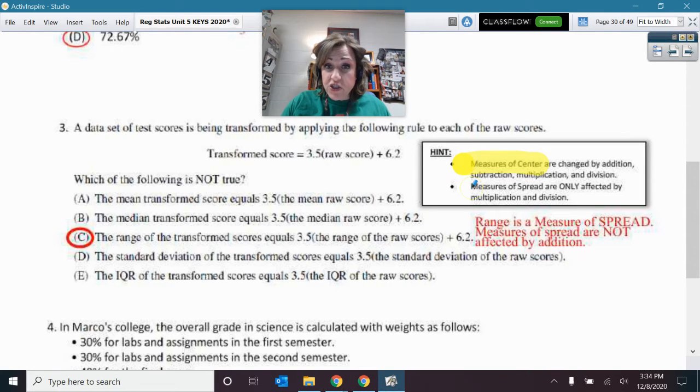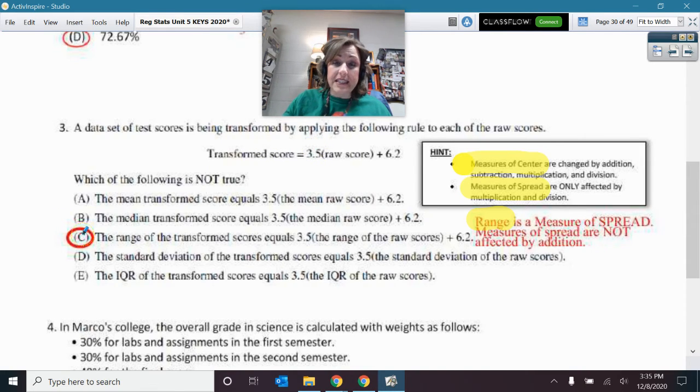But the measures of spread, now what are measures of spread? The measures of spread are range. We hadn't really talked about that, but that is, of course, a measure of spread. The IQR, the middle 50%, and then the standard deviation, average distance from the mean. So the range, standard deviation, and IQR should only be affected by the multiplication.